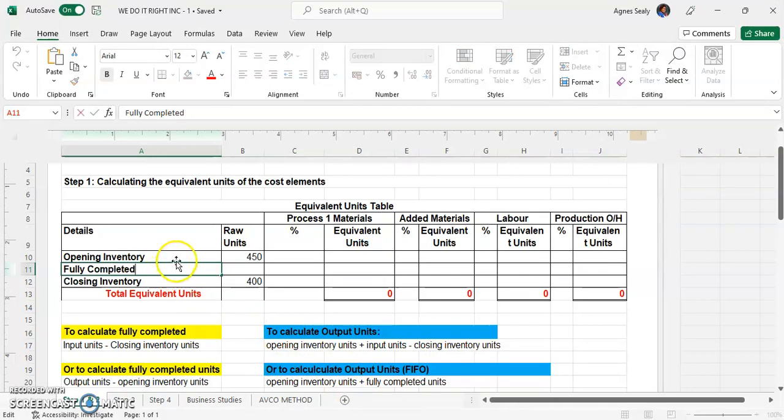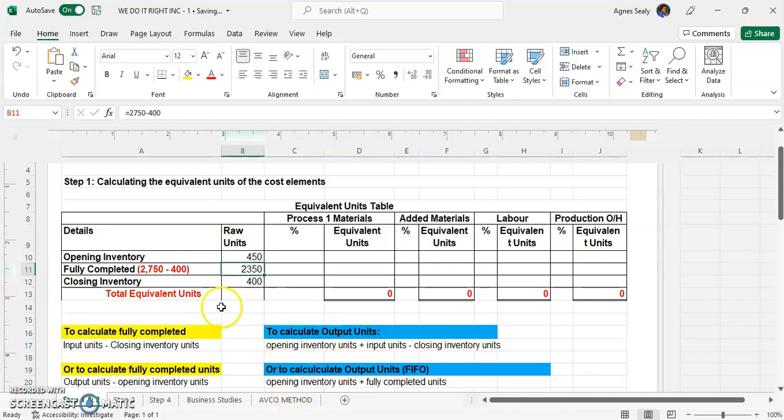So fully completed units will be 2,750 units minus 400 units. So let's see how much our fully completed are. 2,750 minus 400. So our fully completed units are 2,350 units, raw units.